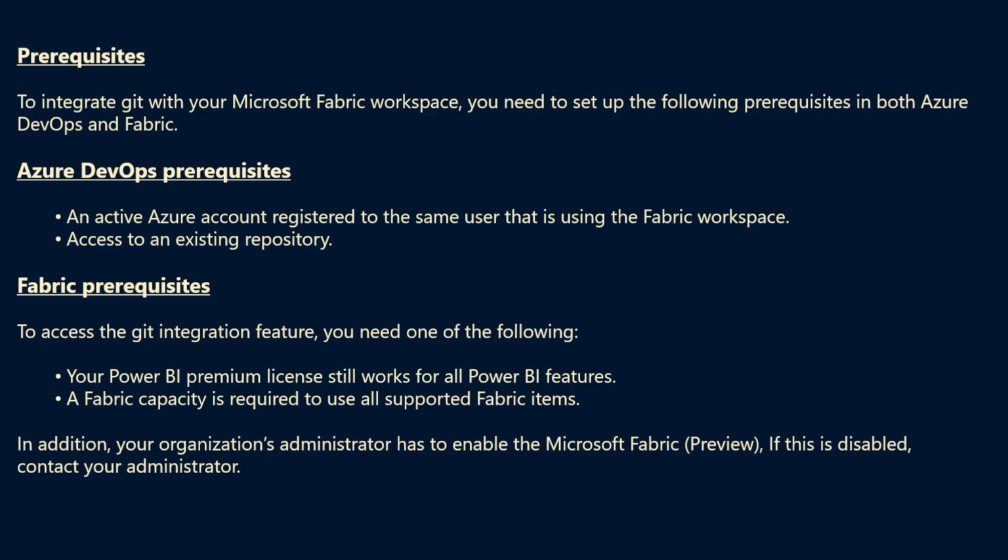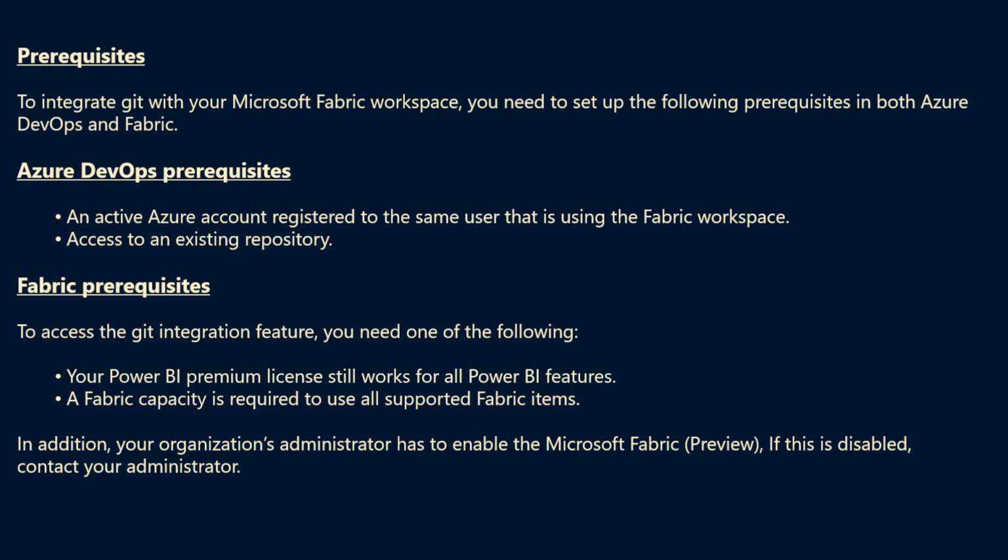And apart from that, since we want to back up the content into the Git repo, access also should be granted to this user to that repo so that he can do the backup and version control. So these are the two prerequisites that should be there from the Azure DevOps side.